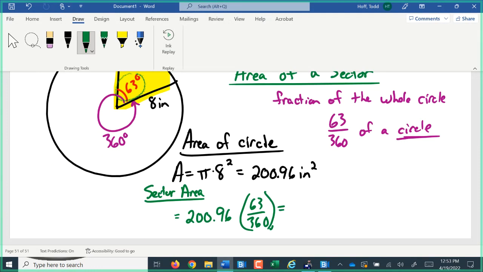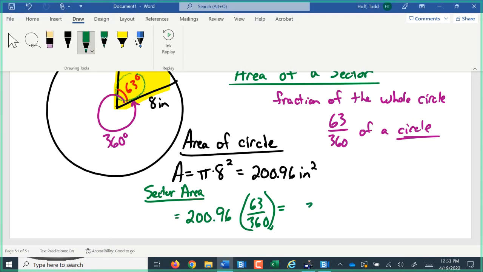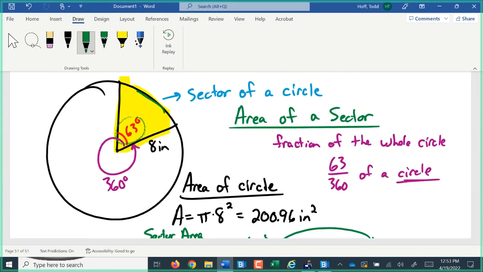Sector is that fraction of the whole circle. 200.96 times 63 divided by 360. Notice I don't have to put in a fraction. I just multiply by 63 and divide by 360. Okay, 35 point, we'll round that to 17. That's 35.17 square inches. That is the area of this highlighted piece of that pie wedge there, because it's just a fraction of the whole circle.